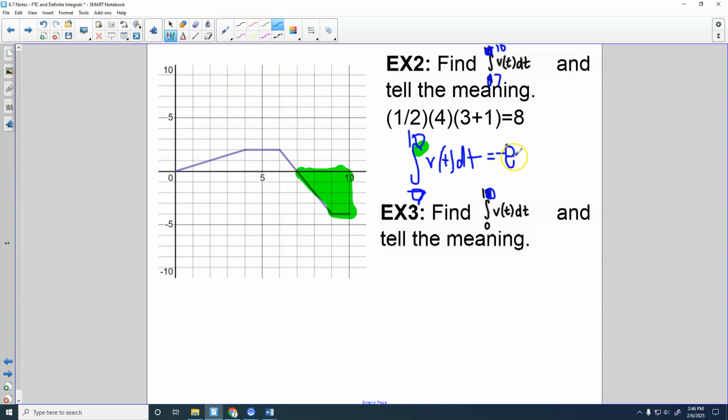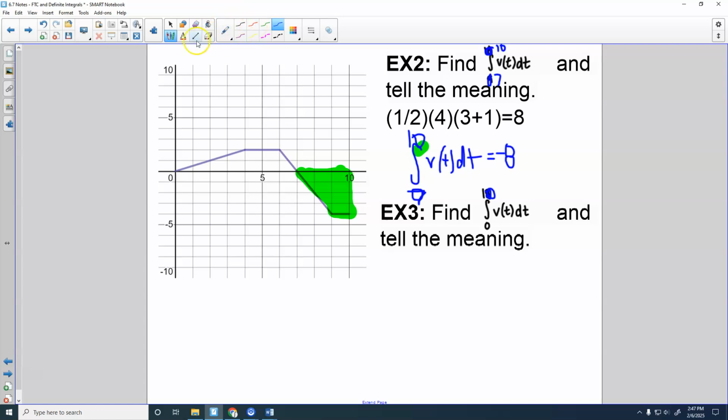What in the world does that mean if it's -8? It's negative because it's under. It's still sort of the distance the car traveled, but you can't have negative distance. What does the negative part of that tell you? It's going the opposite direction there. So whatever direction was forwards, this is backwards in this particular case.